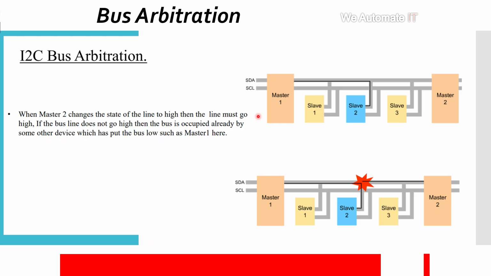So this is mentioned in the diagram: SCL and SDA are the two bidirectional communication lines used for communication in the I2C, and they are given to the master. From one master, the initialization starts, and through the bus it is connected with 3 slaves, and then it is connected to master 2 for the termination or stopping process.